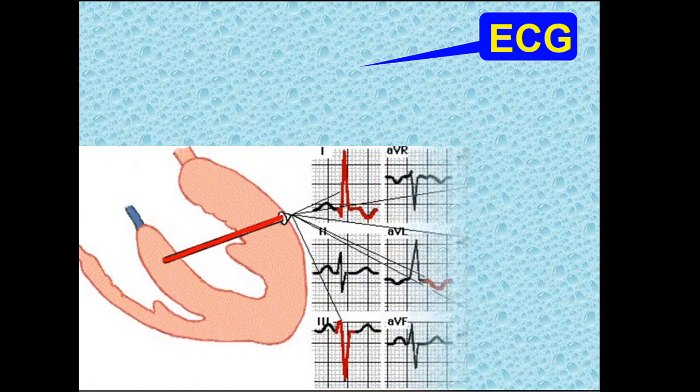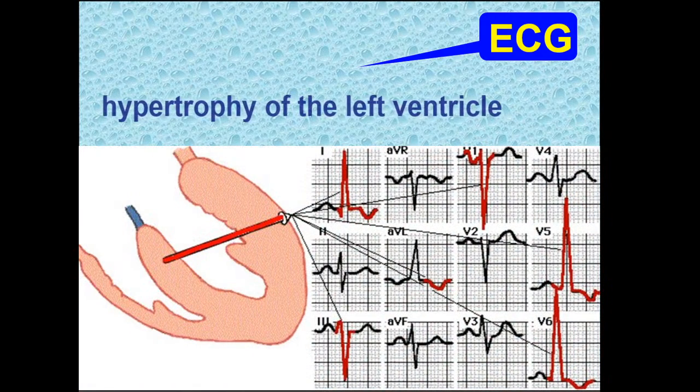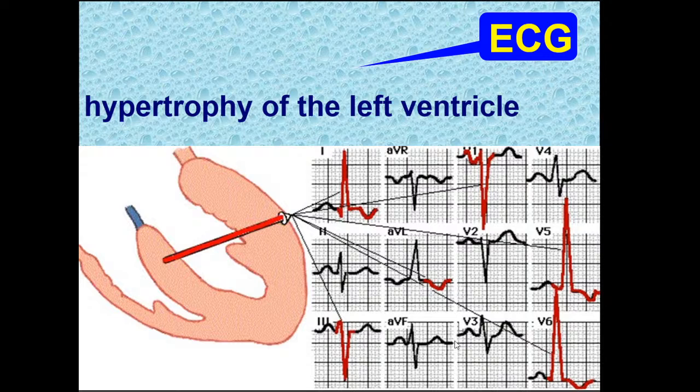On ECG, we will reveal signs of a hypertrophied left ventricle: deep S wave in the third standard lead and high R wave in the fifth and sixth chest leads, which resembles the ECG of a patient with aortic stenosis.